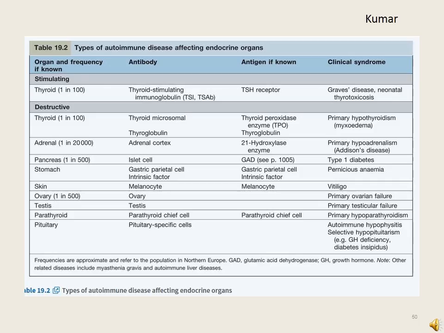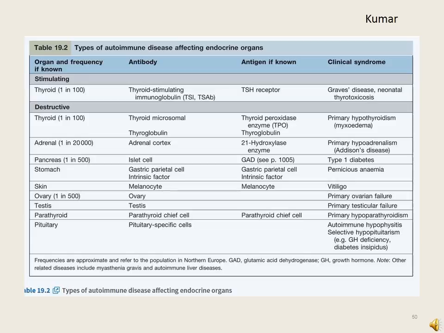This slide shows the table of the types of autoimmune disease affecting endocrine organs. It shows a list of nearly 10 endocrine organs and the frequency of each autoimmune disease.